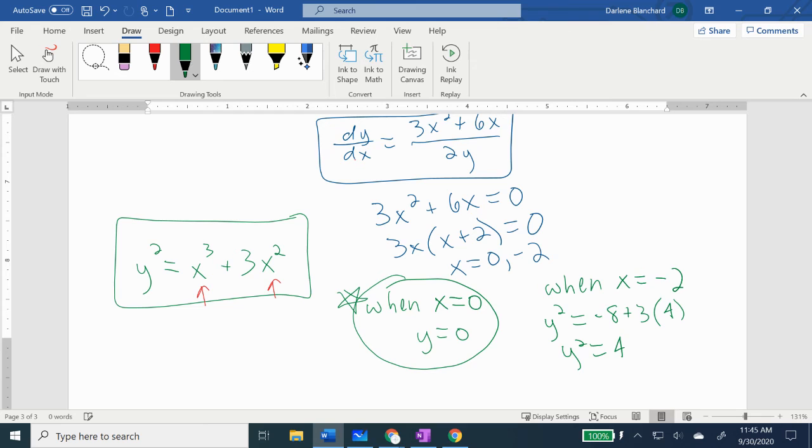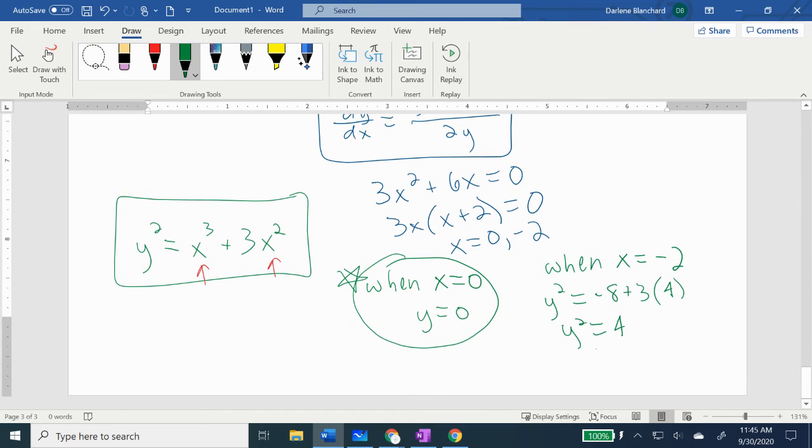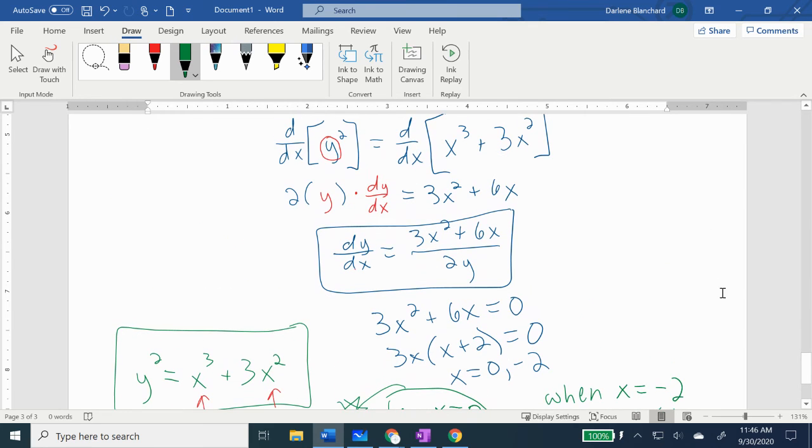This gives me two values of y, which means I have 2 points where I have a horizontal tangent line based on just x coordinate -2. So I am going to write those points down.